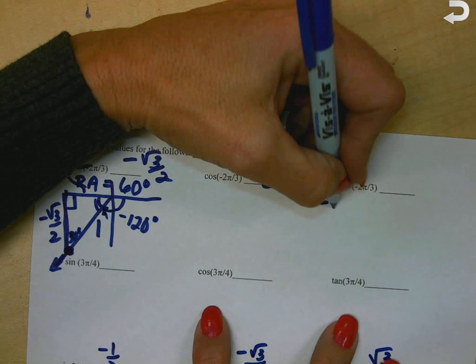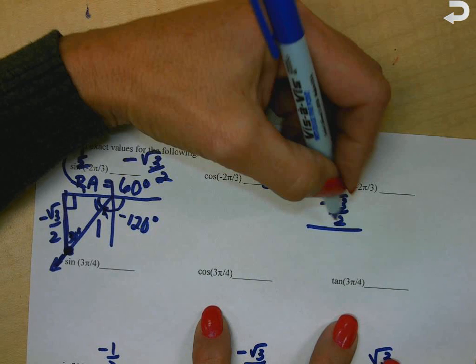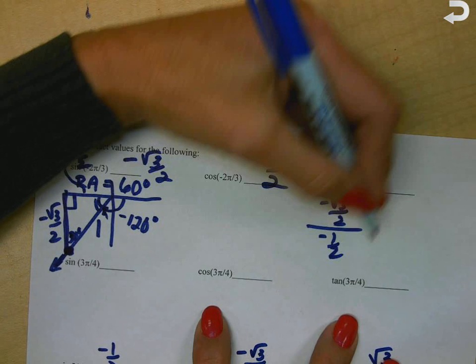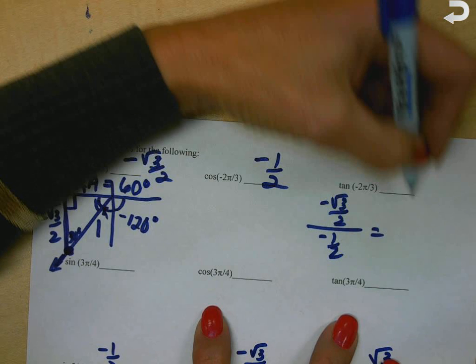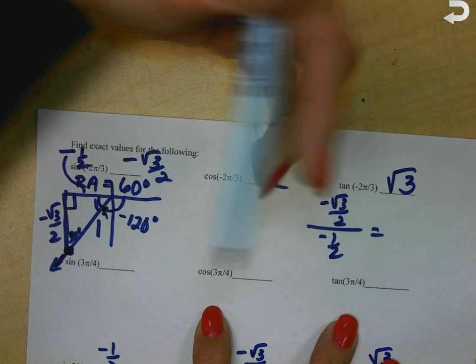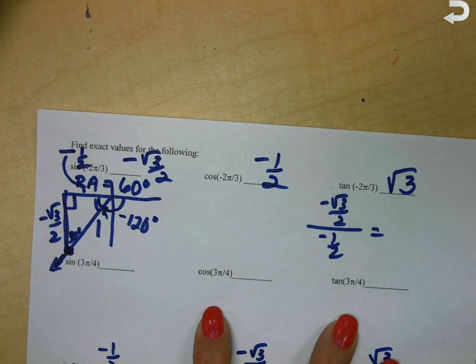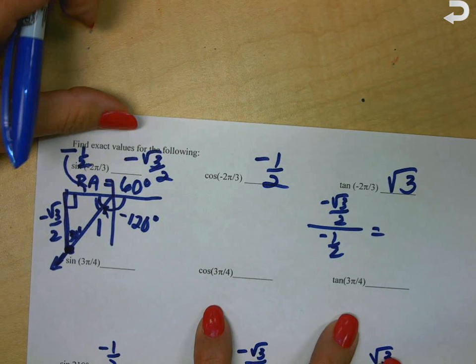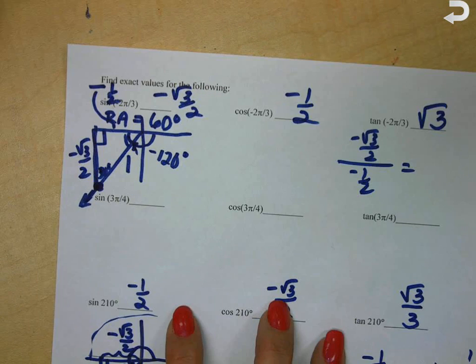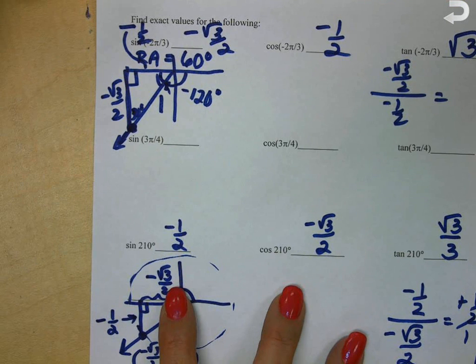And the tangent is going to be the ratio of those two, y over x. And when I take negative square root of 3/2 divided by negative 1/2, and when I invert and multiply, I'm going to end up getting square root of 3. And you'll start to develop some patterns of remembering what the tangent of a reference angle of 60 degrees is. And so the simplification will be something that will become easier to do as you move along.